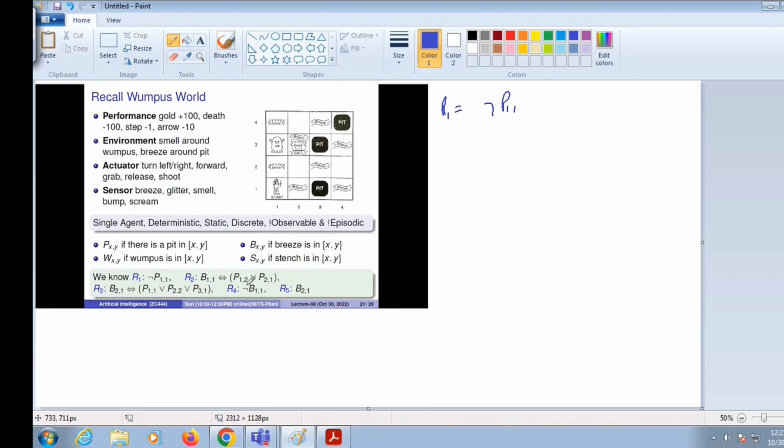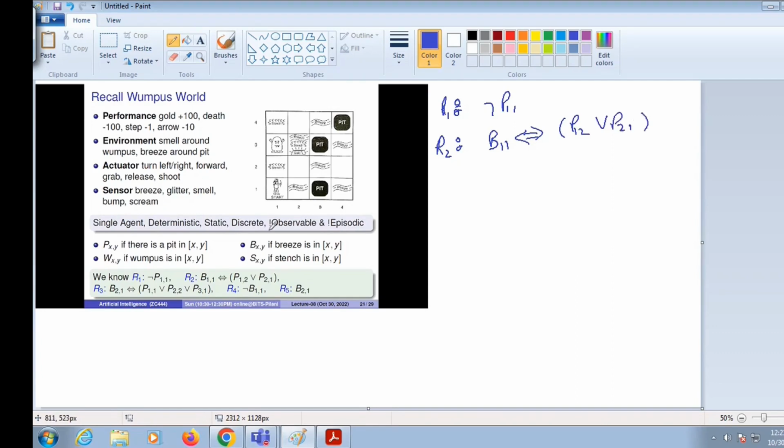Okay. And R2 is what? R2 is equal to B11 implies and is implied by P12 or P21.